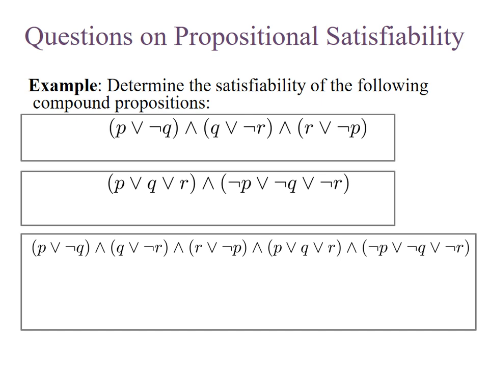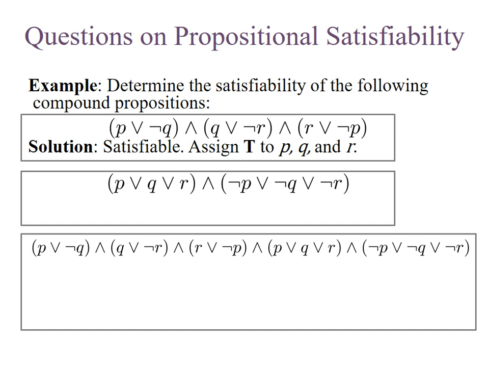So it's very easy to discover the assignment of truth values. Once we assign true to P, Q, R, we can make this statement true. That means the given proposition is satisfiable, because we can discover an assignment of truth values to all these variables to make it true.